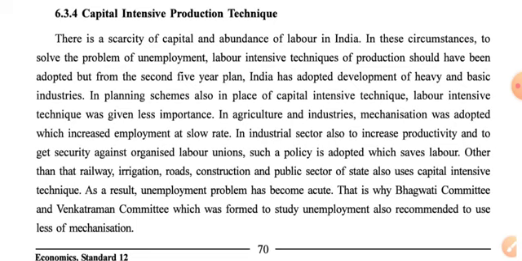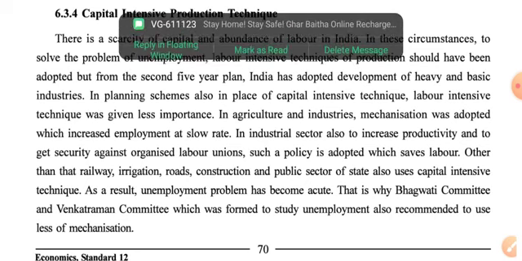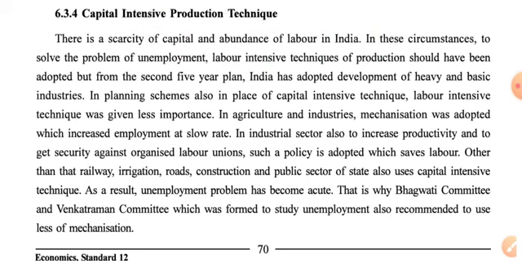In planning schemes also, in place of labor intensive techniques, capital intensive production techniques were given more importance. In agriculture and industries, mechanization was adopted, which increased employment at a slow rate.